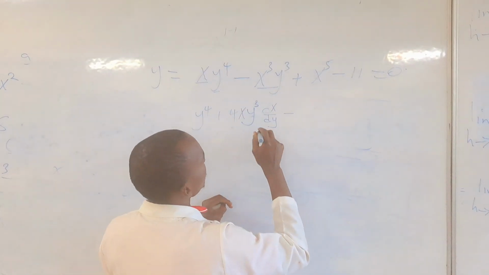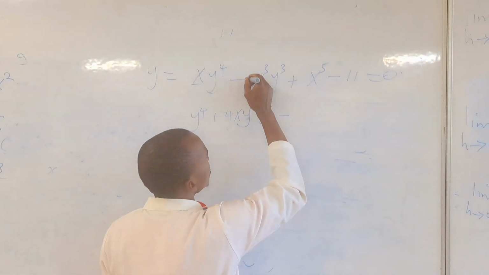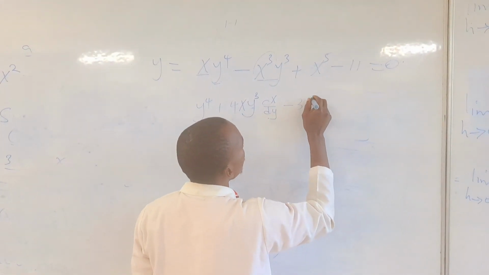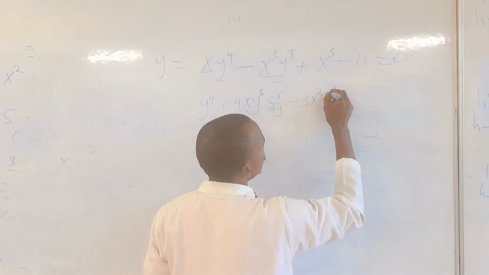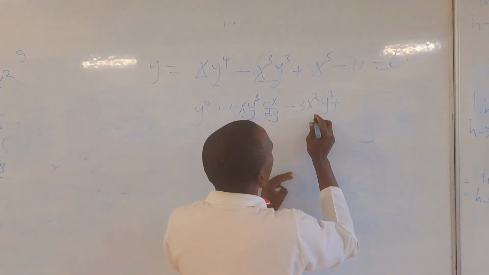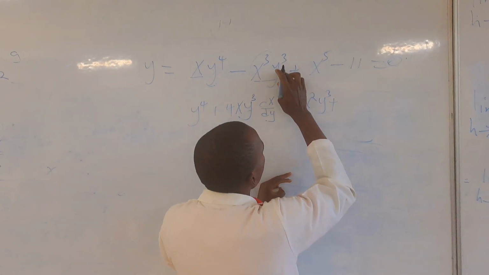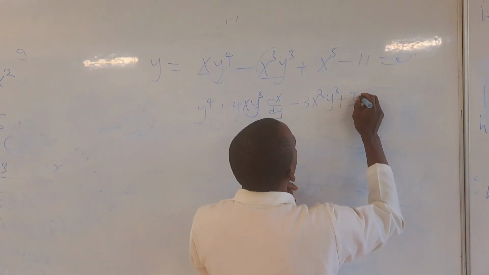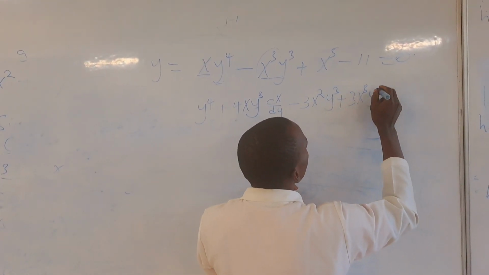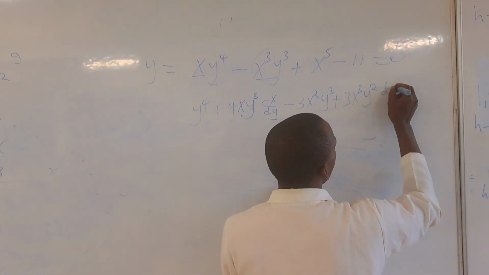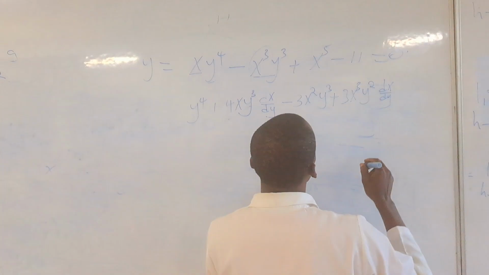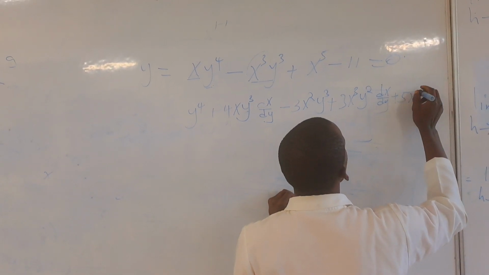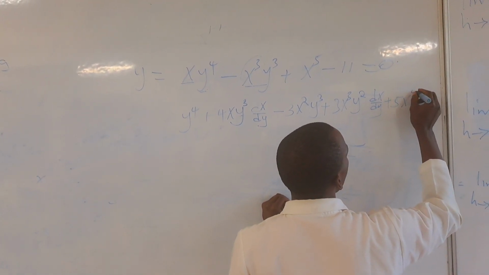Here also we differentiate. Just the way I've said, we differentiate x, then we hold y, that will be 3x squared y cubed, plus, now we are holding x but we are differentiating y, so it will be 3x cubed y squared, but it will be now dy dx, plus 5x raised to power 4.